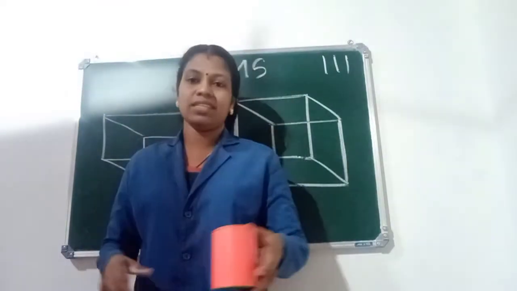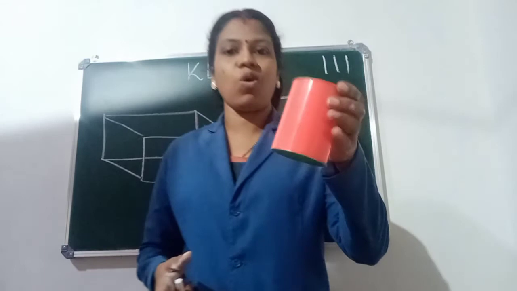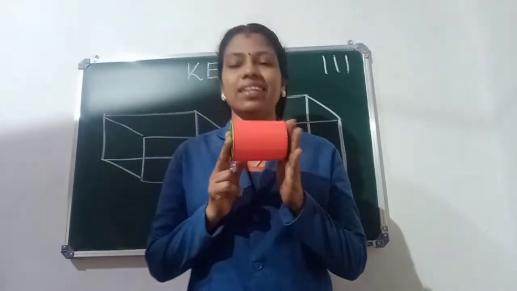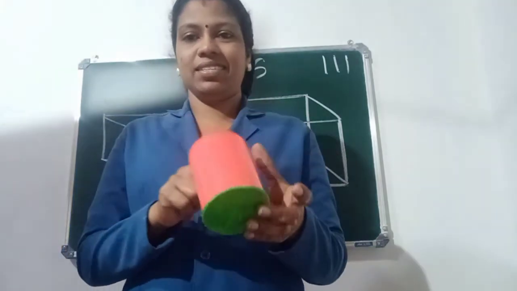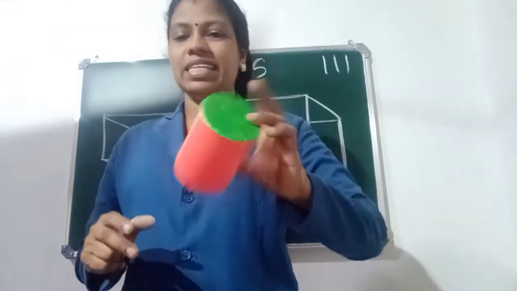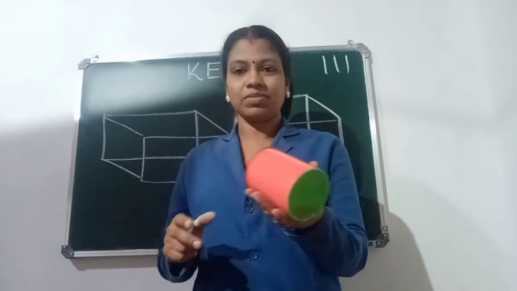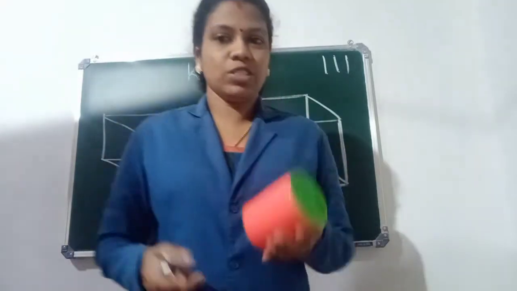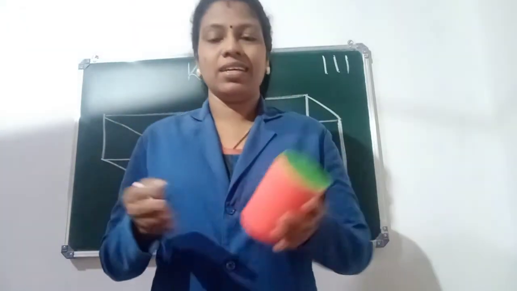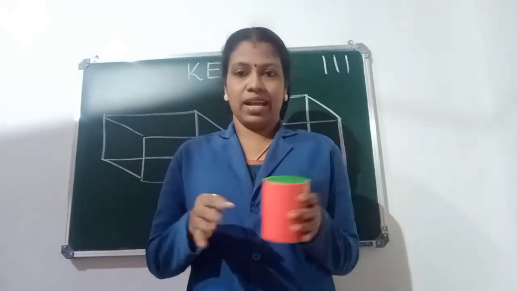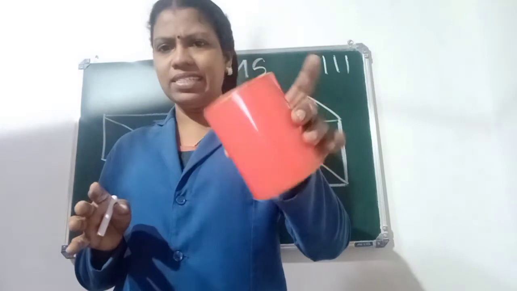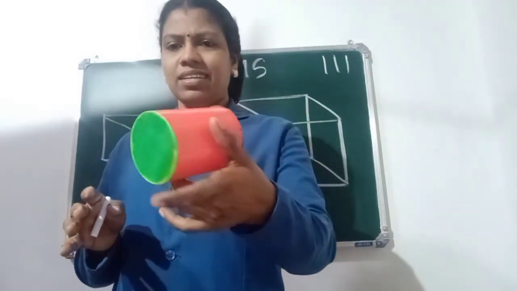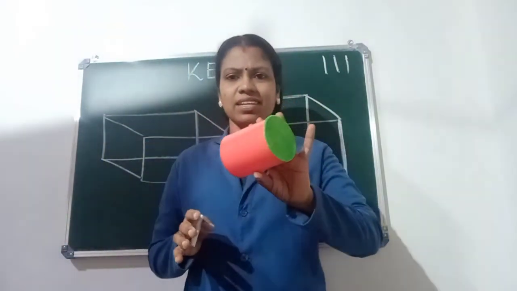Okay, next figure. The next solid shape is a cylinder. So this is the shape of a cylinder. Solid shapes have faces and edges. So does it have any edges?